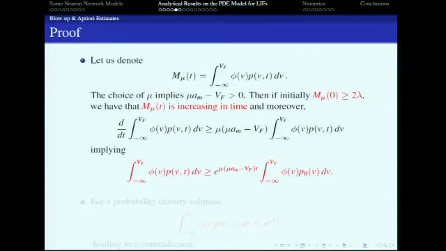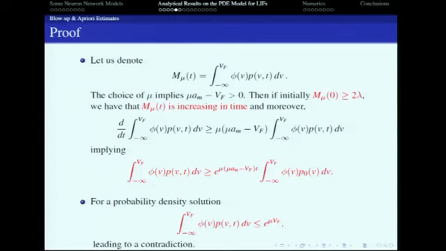Okay? And what is the contradiction? The contradiction is this quantity increases exponentially fast in time by this, but for a probability density function, this phi of v, which is exponential of mu v, is always less or equal than this, so this is bounded. So that's the contradiction.